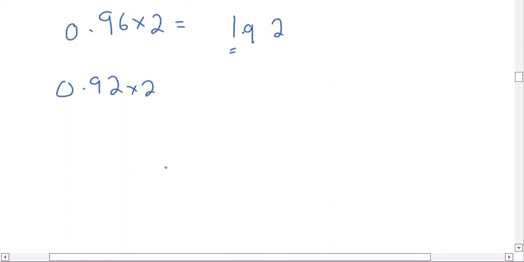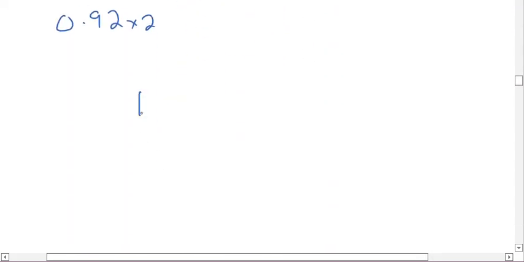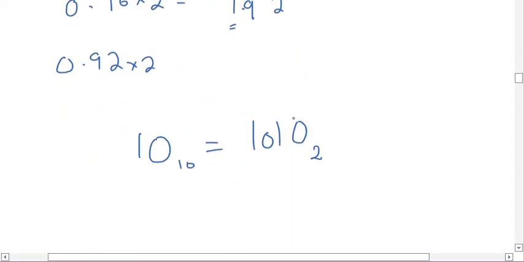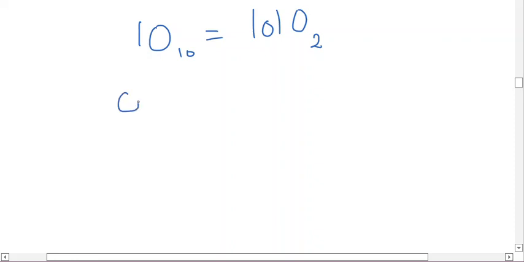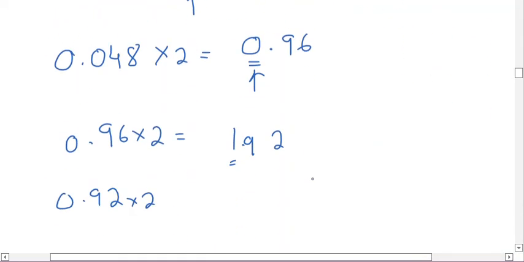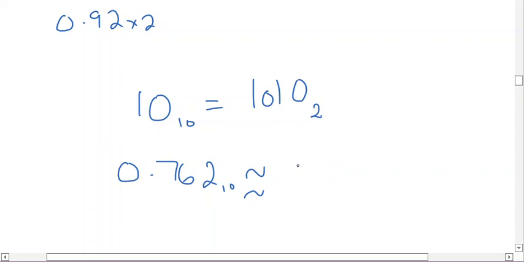So remember, what we have done is our base 10 number 10 is equal to 1010 base 2. And our number 0.762 in base 10 is approximately equal to, because we cannot say it's 100%, 0.1101.